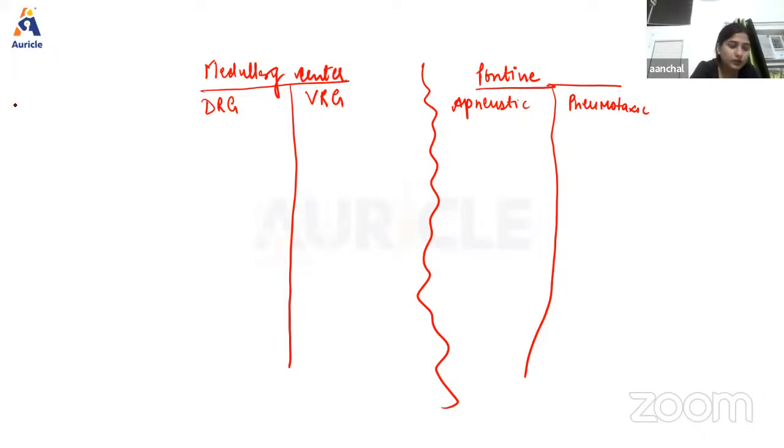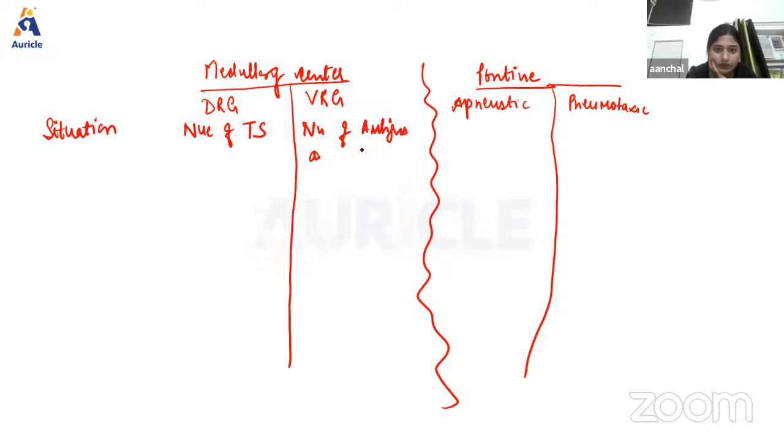First we're going to talk about the situation, where they are situated. DRG is situated in the nucleus of tractus solitarius, and the VRG is situated in the nucleus ambiguus and retroambiguus. The apneustic center is situated in the nuclei of the reticular formation of the lower pons.